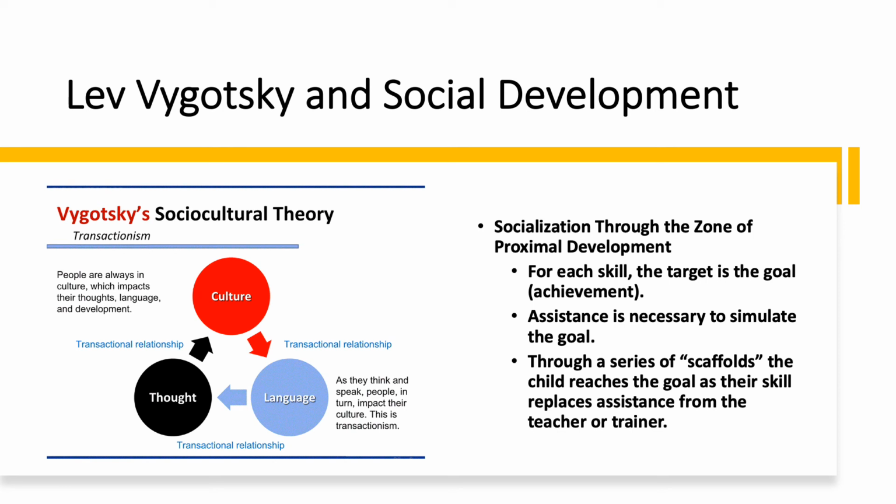Vygotsky called that the zone of proximal development. So what happens is that as the caregiver is giving effort, the child is able to complete the task, and then over time, the child masters the task and then becomes functionally autonomous at the task. So before we talked about teaching a kid to ride a bicycle by hanging onto the handlebars until they can balance and master the task for themselves.